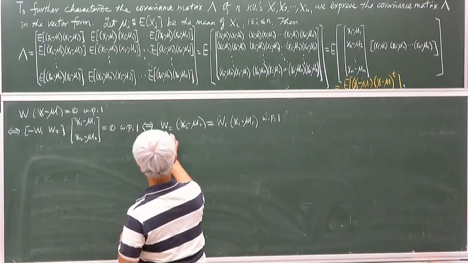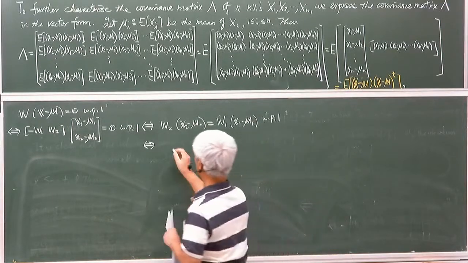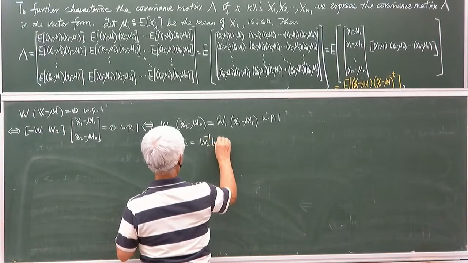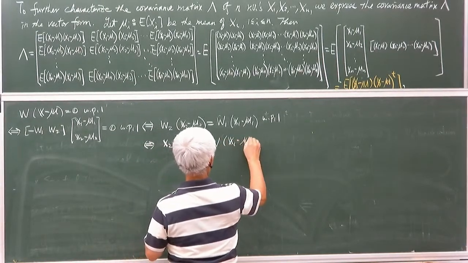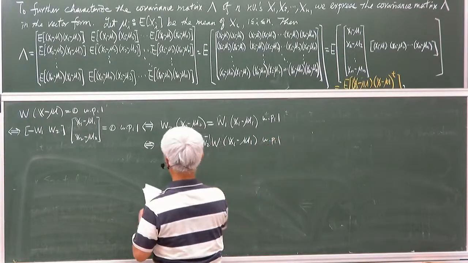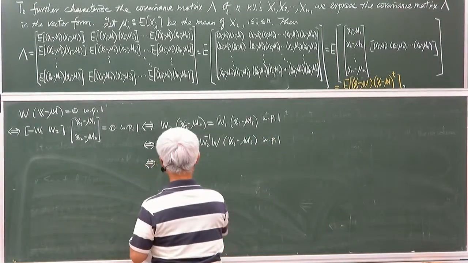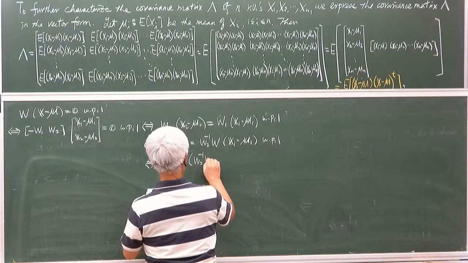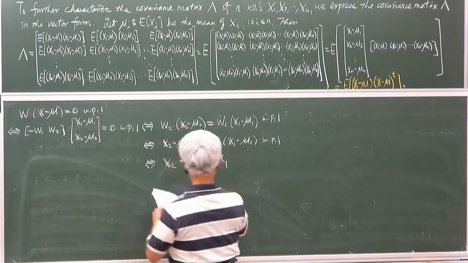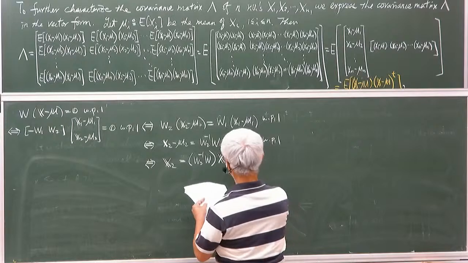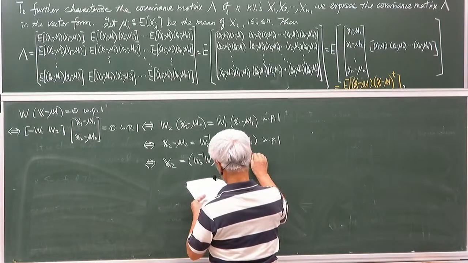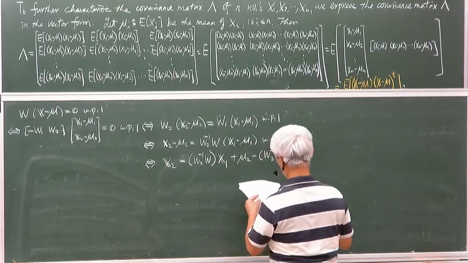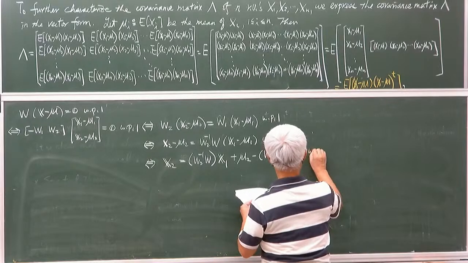And because W2 is invertible, we have X2 minus mu2 equal to minus W2 inverse W1 times X1 minus mu1, with probability 1. And so X2 can be expressed as a matrix times X1 plus a constant vector, with probability 1.